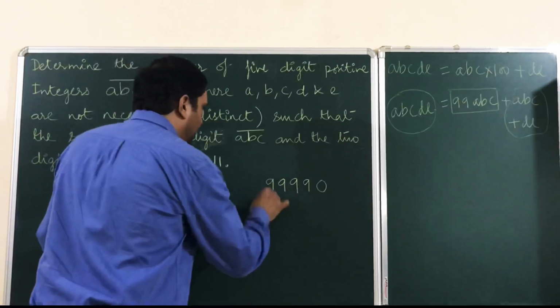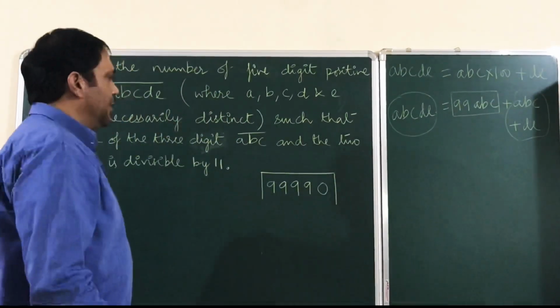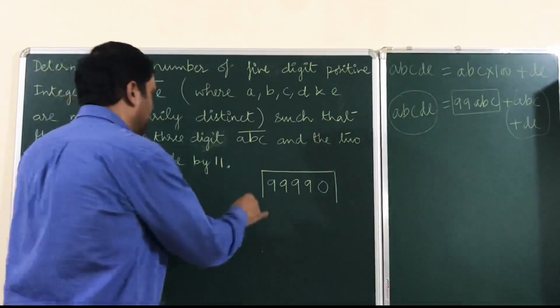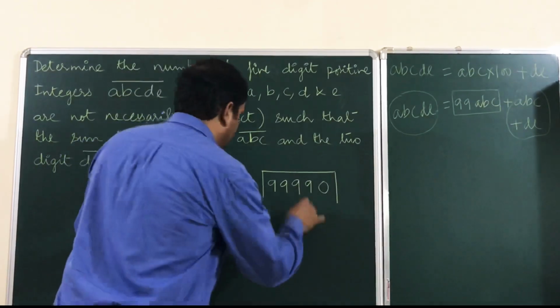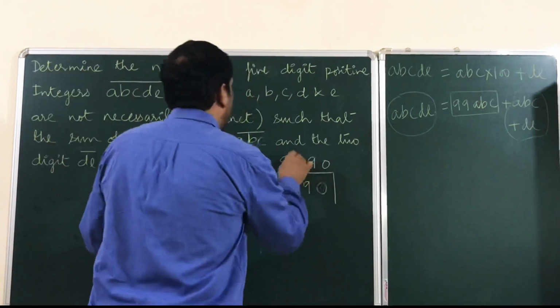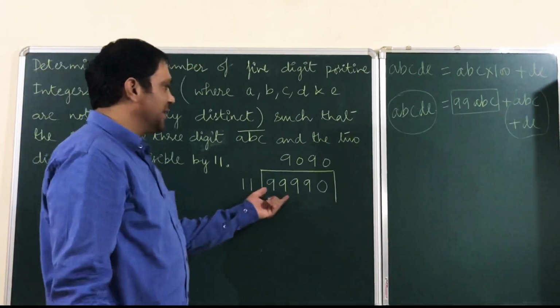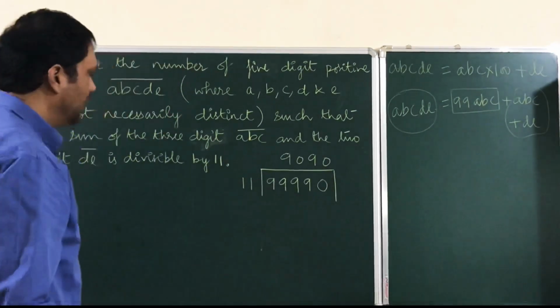The number of multiples of 11 which are less than or equal to 99990 we can find by dividing by 11. That gives 9090. So the number of multiples of 11 less than or equal to 99990 is 9090.